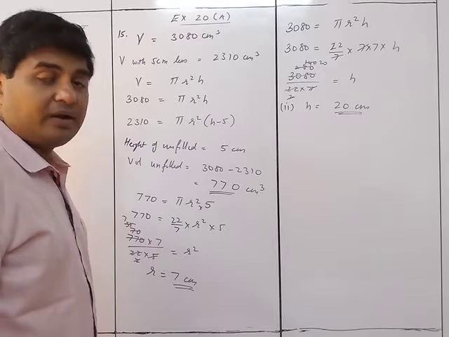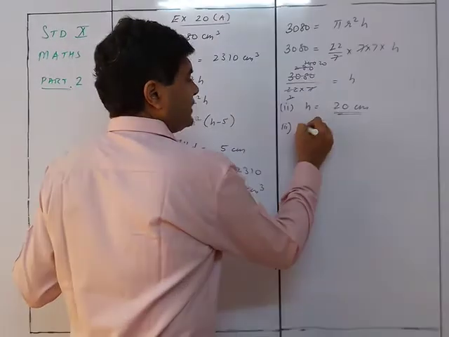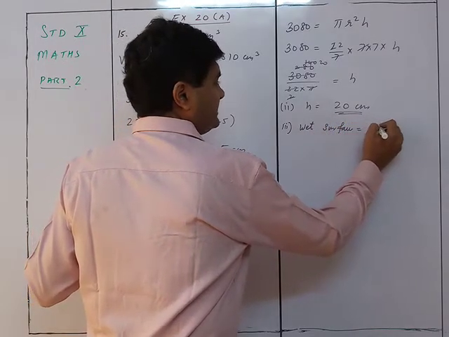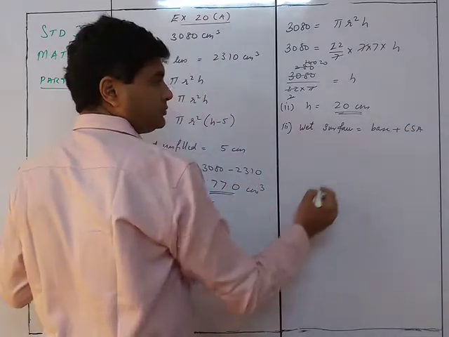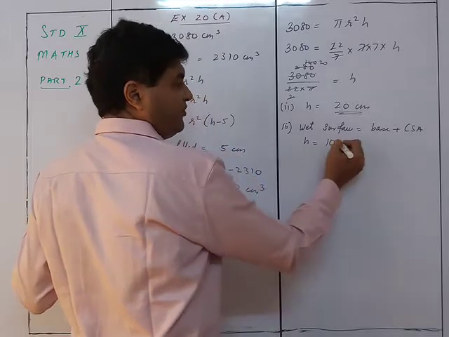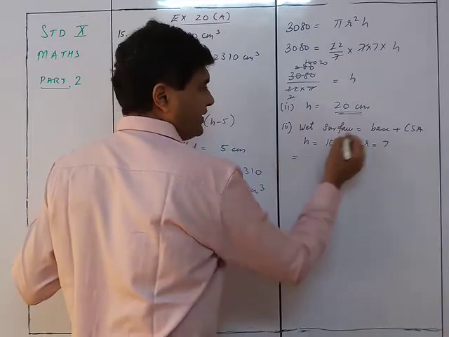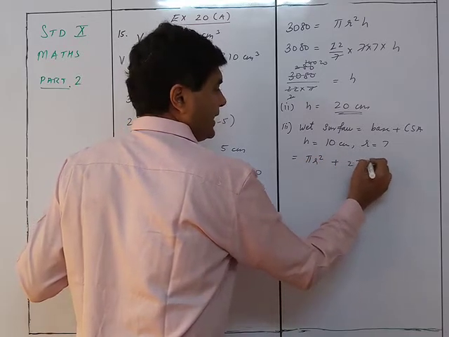Now we want to fill it to half. So now, third case, wet surface is equal to base plus CSA. So h is equal to 10 now because it's only half filled, and r is equal to 7. So we have the wet surface as base, pi r square, plus 2 pi r h.